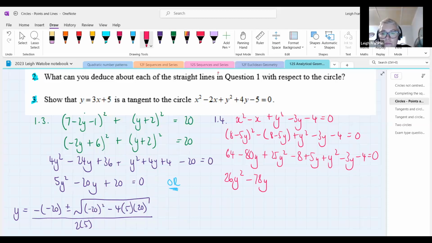It can't be 70. Okay, there's a minus 3 there. I just don't want to make any mistakes here. And then we've got minus 8 minus 4, which should be minus 12.